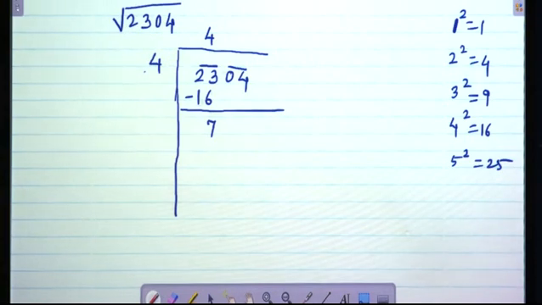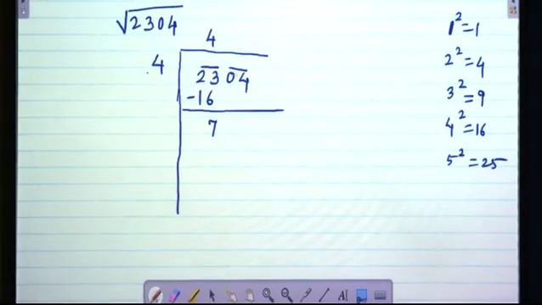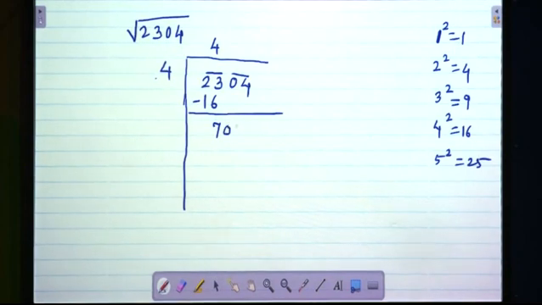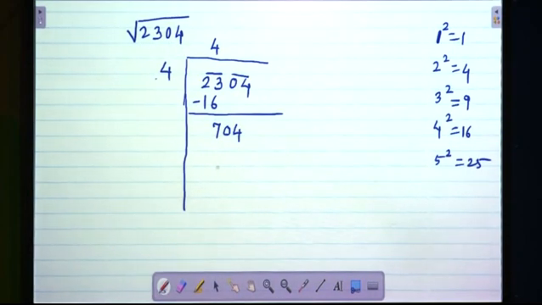23 minus 16, how much is remaining? It is 7. The next group we bring down, that is 04. So our next dividend is 704. Now we double the quotient.